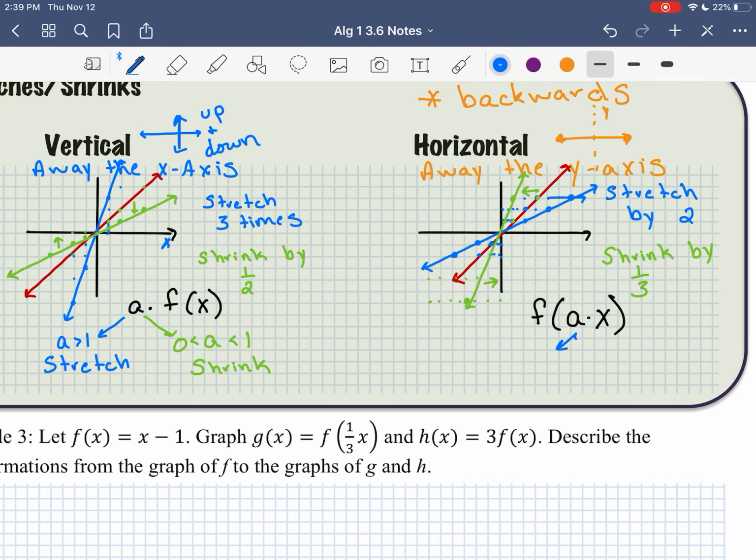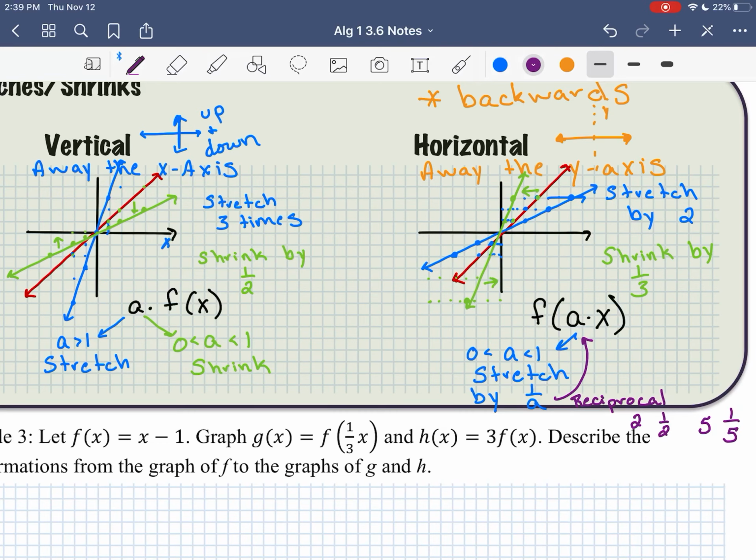Okay, if a is less than 1, bigger than 0, it's a stretch. And it's going to be a stretch by 1 over a. So meaning it's going to show up in this equation as the reciprocal. Again, the reciprocal of 2 is 1/2. The reciprocal of 5 is 1/5.